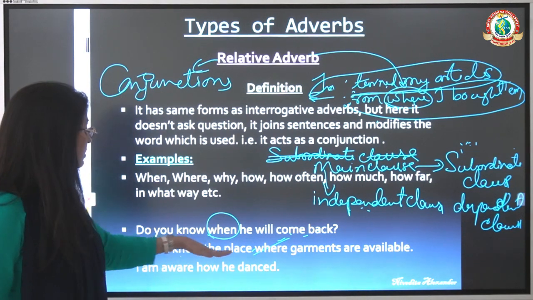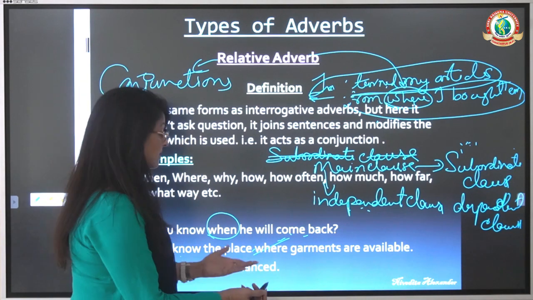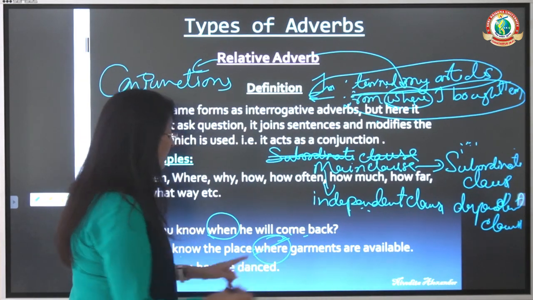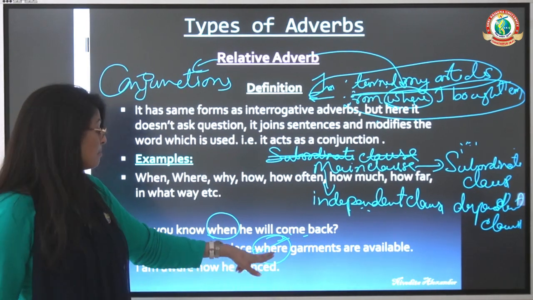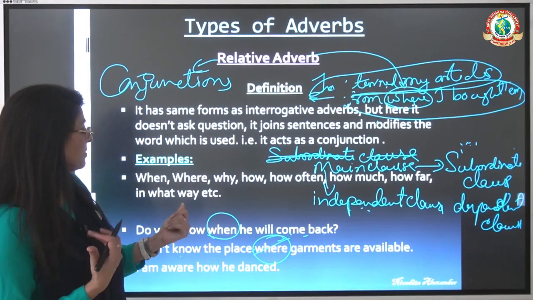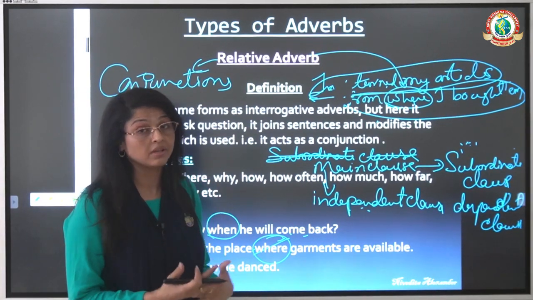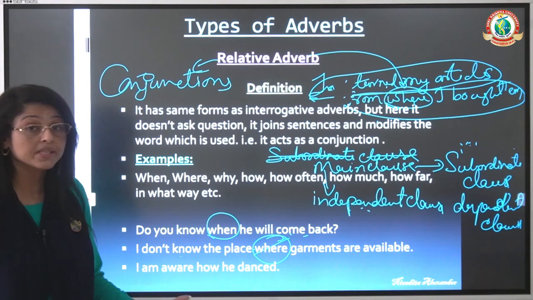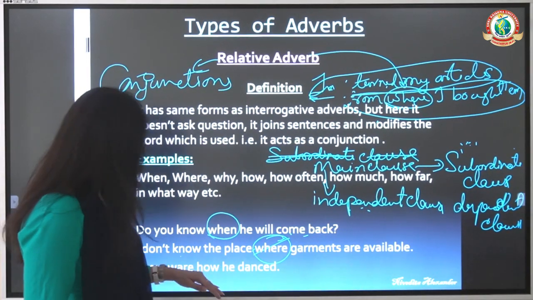Okay, I don't know the place where garments are available. Now I don't know the place. Okay, where. Now where is not imposing any question, but it is giving more definition. Where are the garments available? The place is unknown where the garments are available, right? I am aware how he danced.